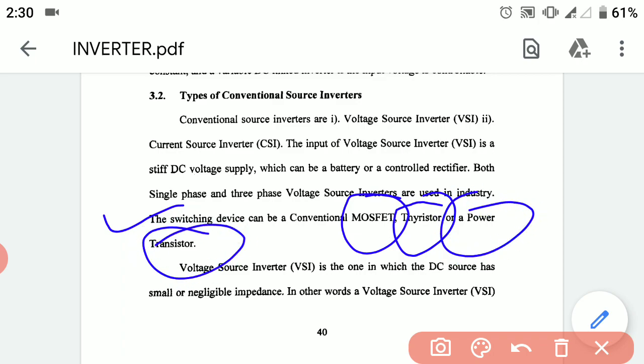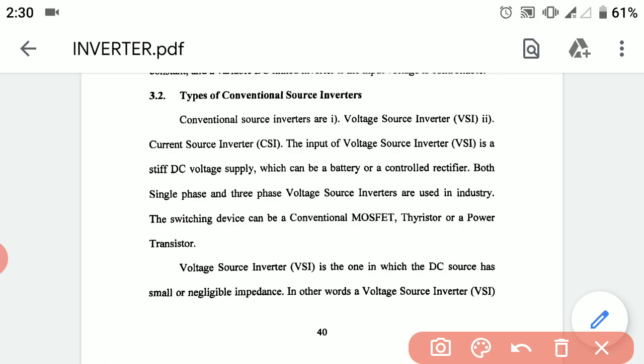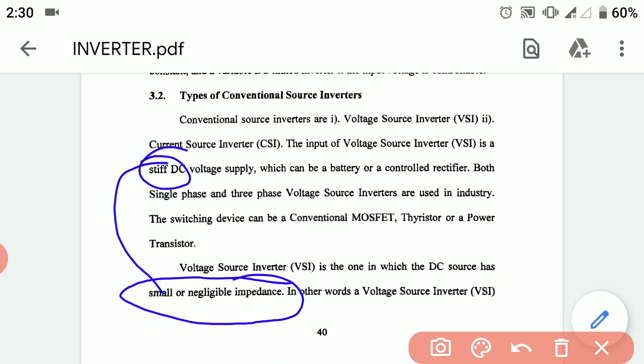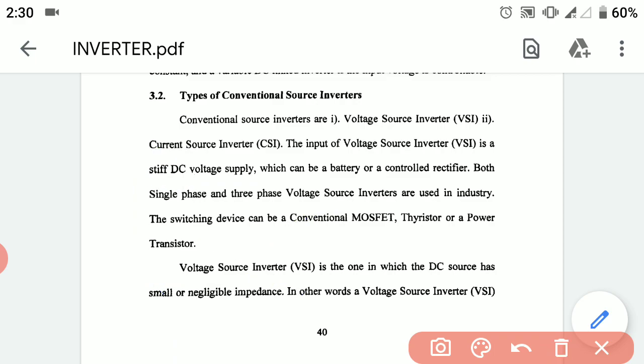We can use any of these devices to construct a voltage source inverter. The last important point is that voltage source inverters have small and very negligible impedance. Another thing to remember is that a stiff DC supply can be obtained if we have a voltage source having a small or negligible impedance.